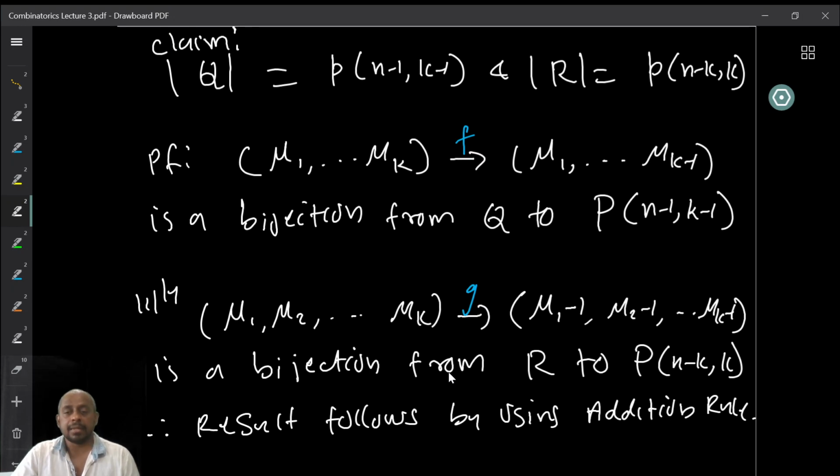And again, this is a bijection because I can add 1 to each of the parts in a partition in p of n minus k comma k, and I will get a partition of n into exactly k parts, where the last part is strictly greater than 1. So that is it. So now, using the addition rule, because Q and R are disjoint sets, we get the recursion relation.